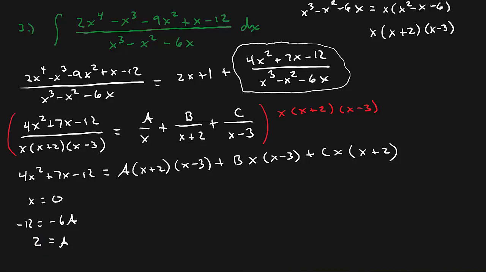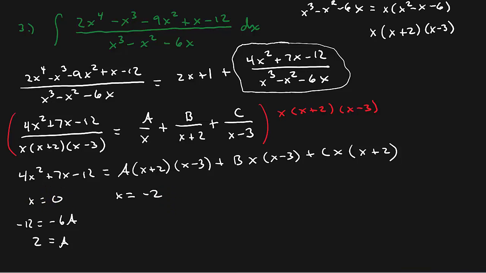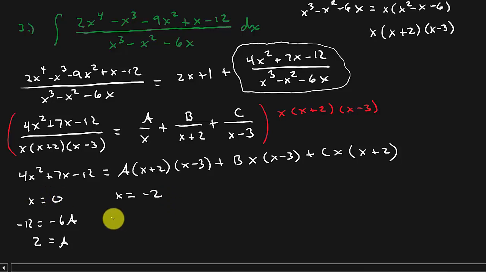Then I'm going to let x equal negative 2. That is going to give me negative 10 equals 10b. So b is equal to negative 1.